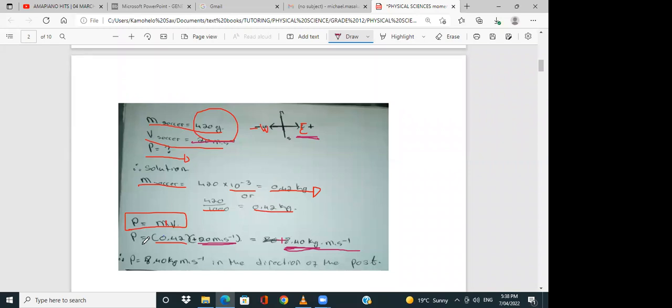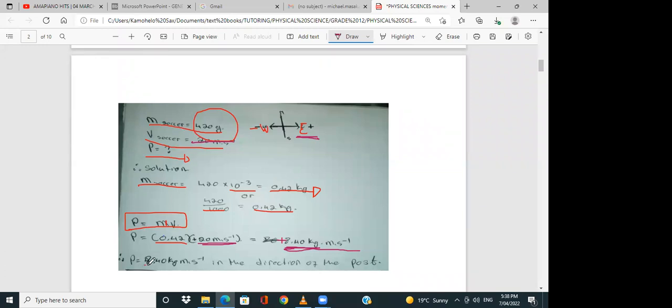Now, when you're presenting your answer to whoever will be marking you, you have to include the direction, guys. Momentum is a vector quantity. You have to include direction every single time you do it. Finally, you're going to present your answer as momentum.